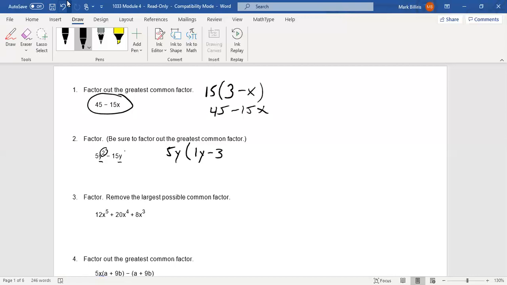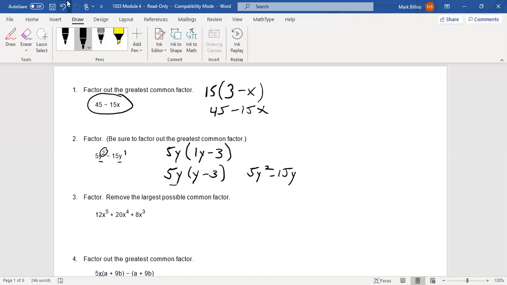We had 1 y, and we took 1 y out, so there's no y's left. So this would be our answer. Now, in writing your answer, if you have a coefficient of 1, we usually don't write that. That's understood. So our final answer would be 5y times y minus 3. And again, you can check your answer by distributing. 5y times y is 5y squared, and then 5y times negative 3 is negative 15y. And that was our original problem.